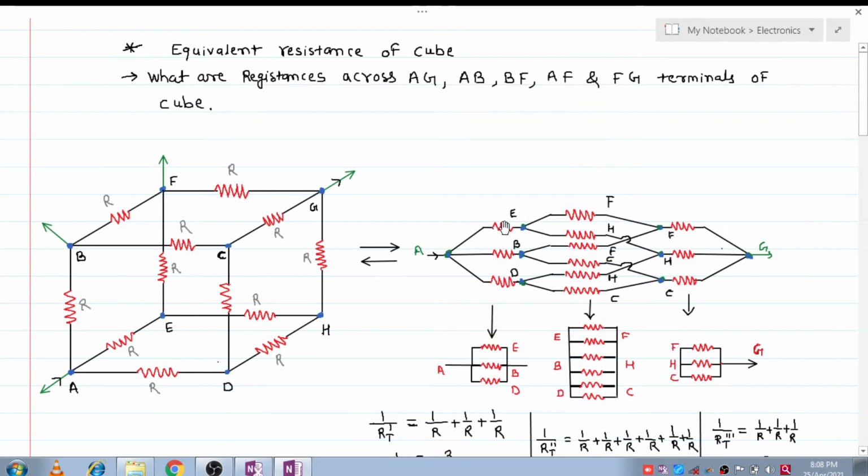Here these three resistances, across AE, AB and AD respectively, are connected in parallel.